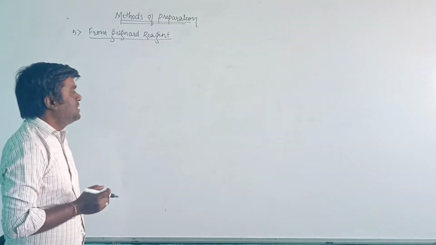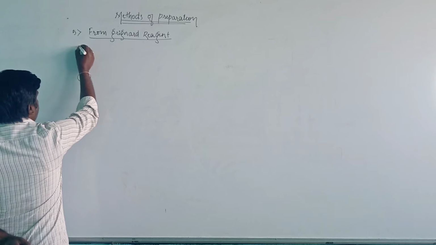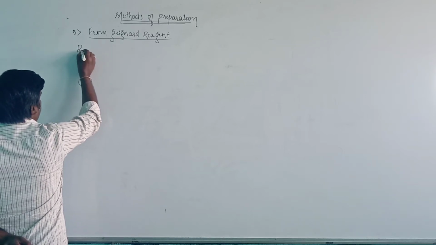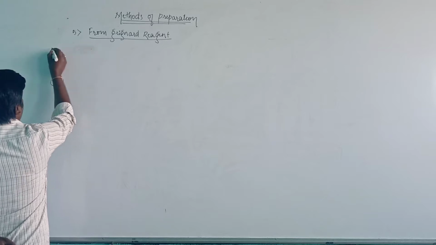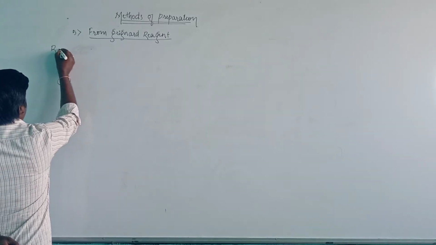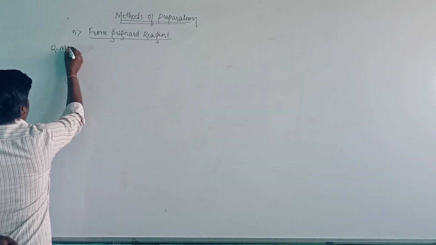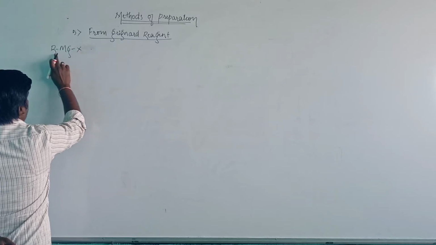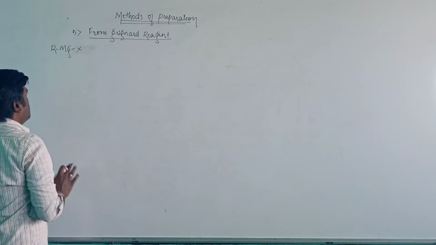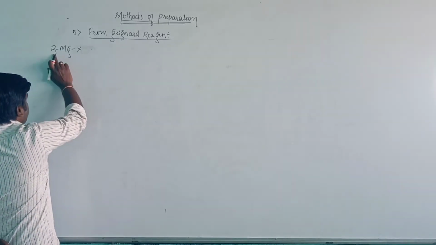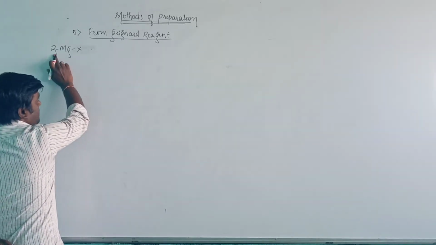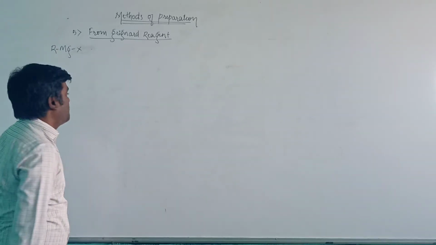Then let us know what the Grignard reagent is. The Grignard reagent is RMgX. This alkyl magnesium halide is known as a Grignard reagent. Here R may be aliphatic or aromatic.